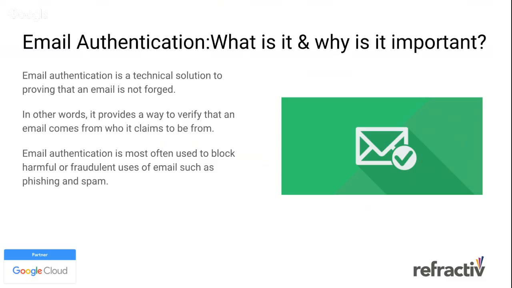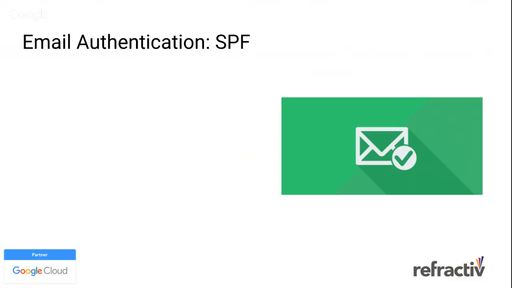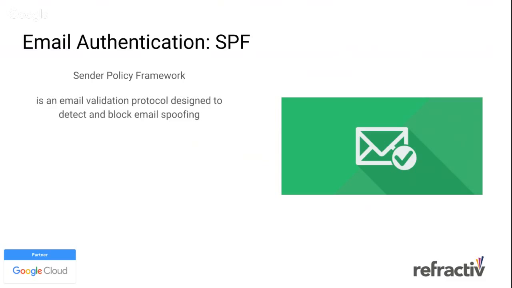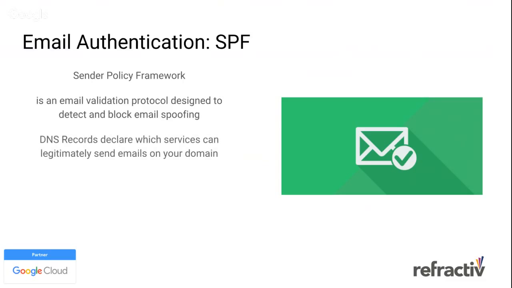So the steps for email authentication, this is techie stuff. We're on a technical webinar here. SPF is called Sender Policy Framework, and it's an email validation protocol to help block bad things like email spoofing. Essentially, you create a domain name service, DNS record, to declare which services can legitimately send emails for your domain.